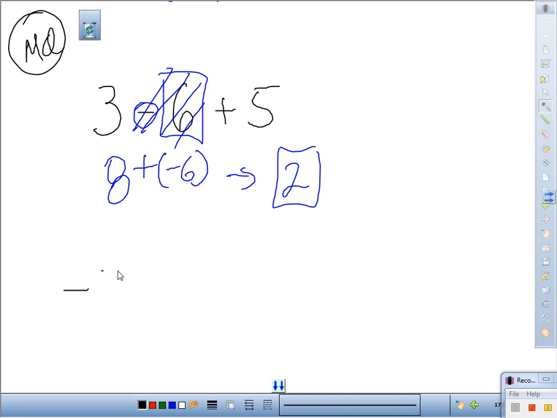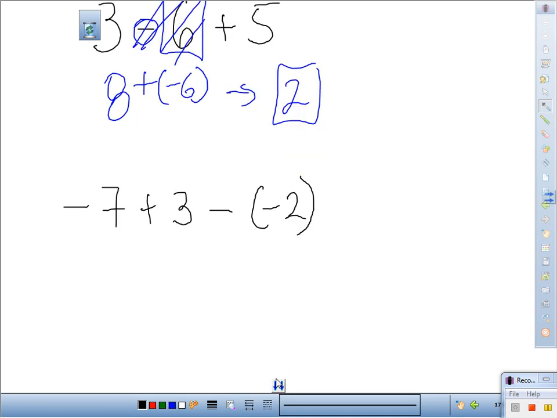Negative 7 plus 3 minus negative 2. Putting you a little curveball here, see if you pick it up. All right, now check this out.